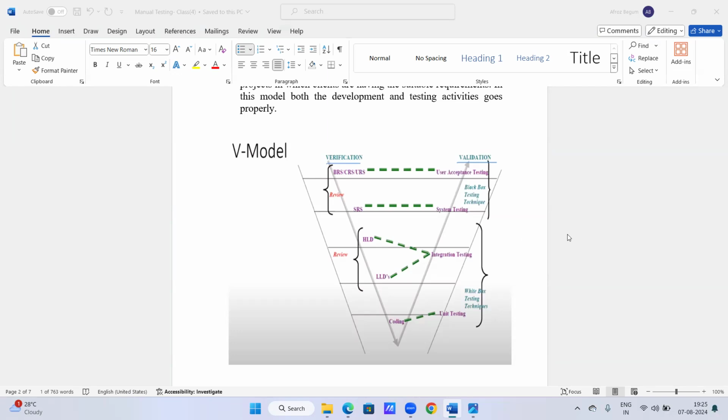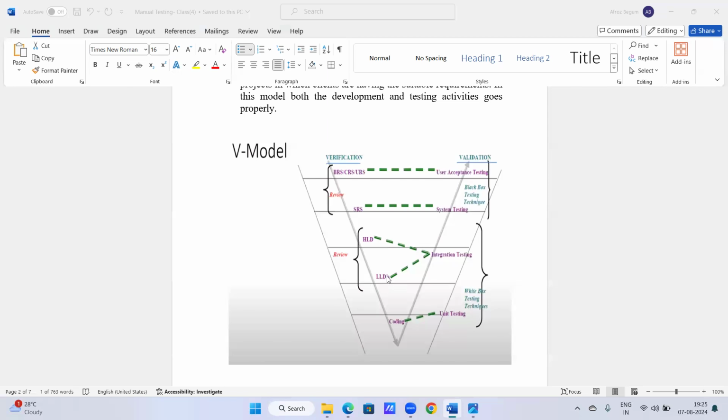If you don't know, it's okay, no issues. HLD, LLD documents are prepared by designers. And BRS documents, who prepared this document? Business units prepared the BRS document, the SRS document is prepared by the project manager or product manager, and the HLD and LLD documents are prepared by designers.